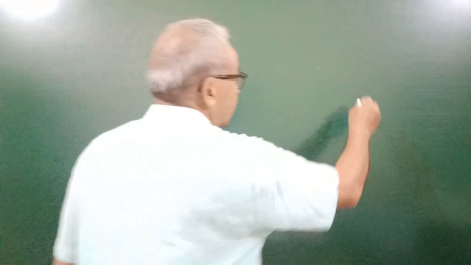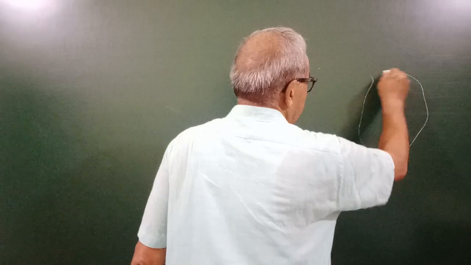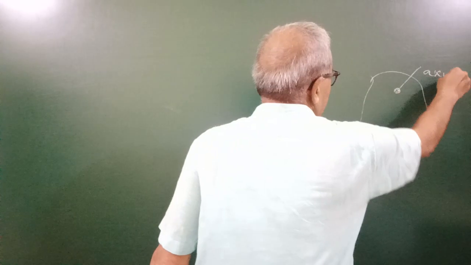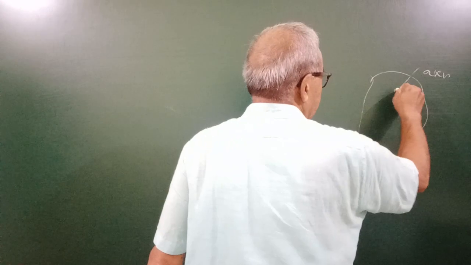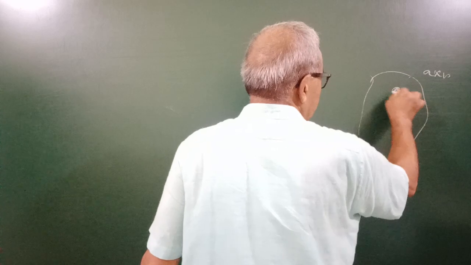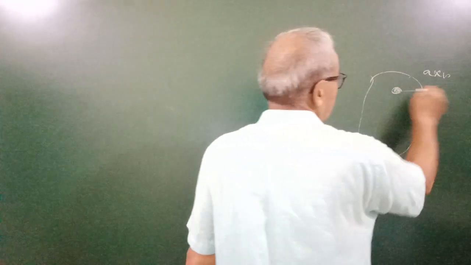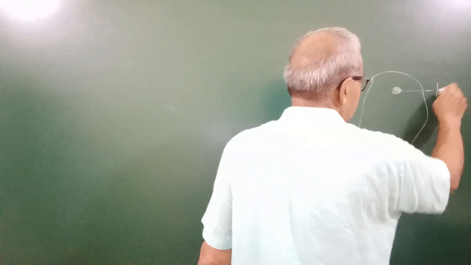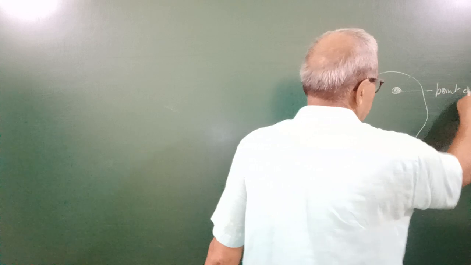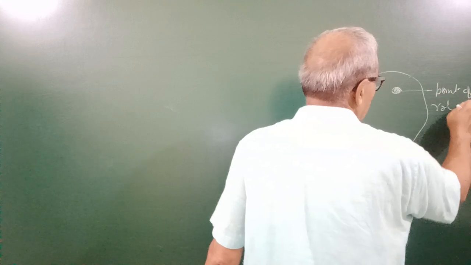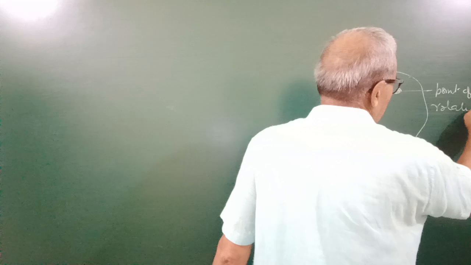So if we have a rigid body like this, and it rotates about this axis, you can say this is the point of rotation around which the body can rotate.